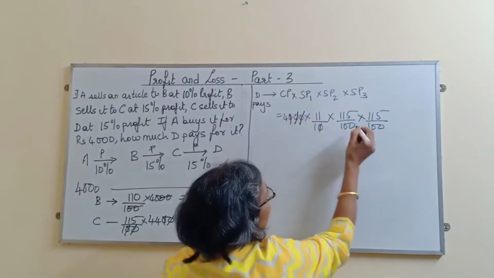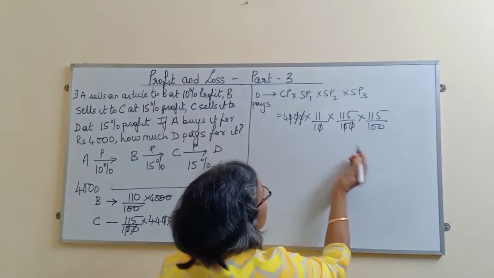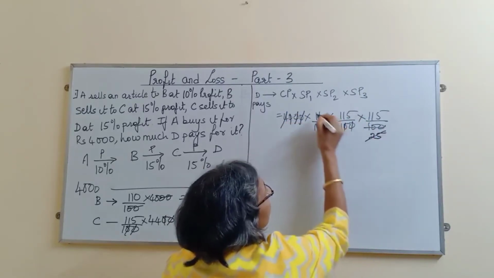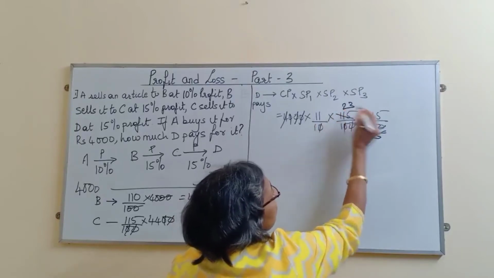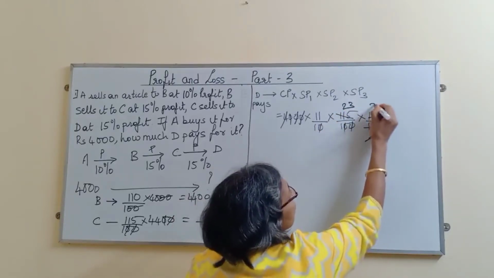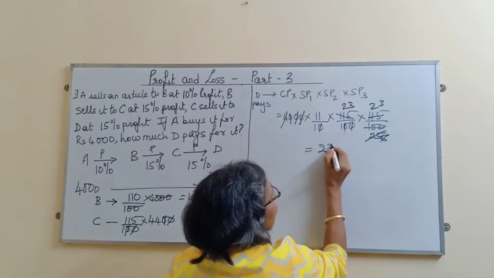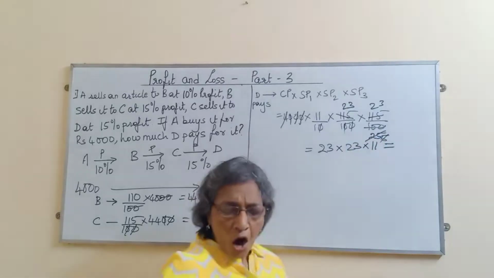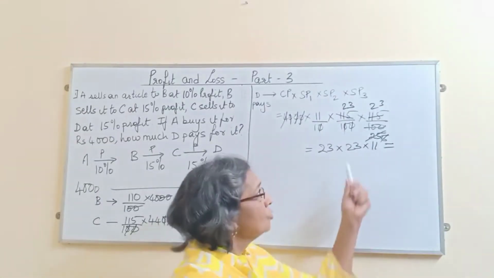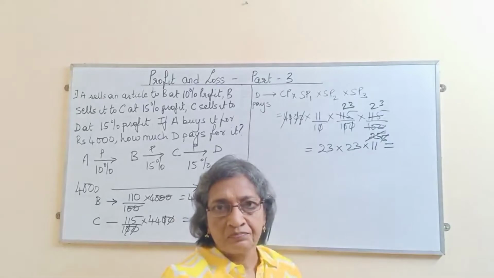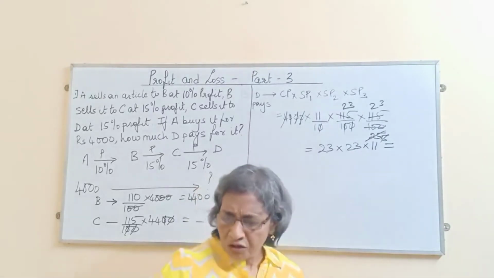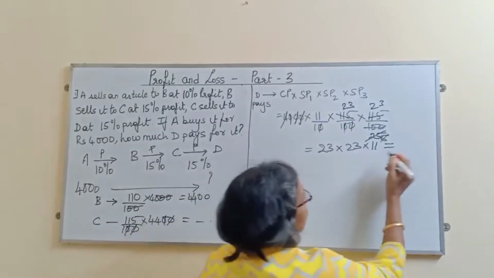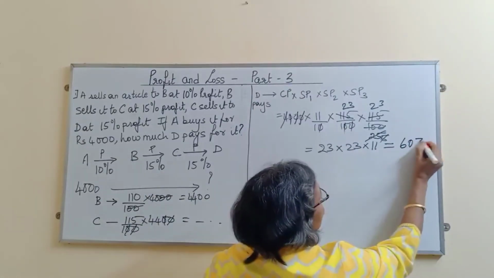Finally you'd get 23 into 23 into 11. And see how much this works out to be. You can calculate and get your answer. I think approximately it would turn out to be about 6,072.